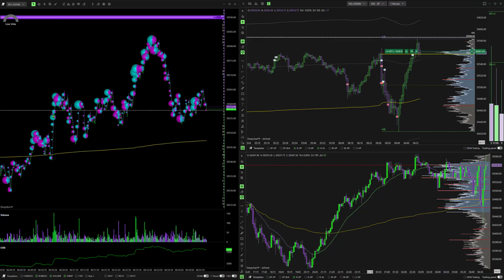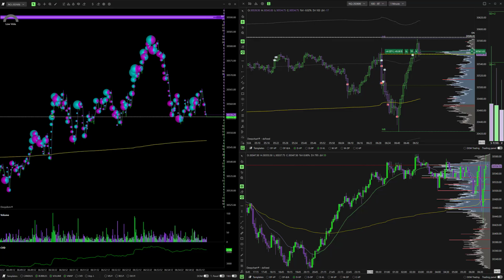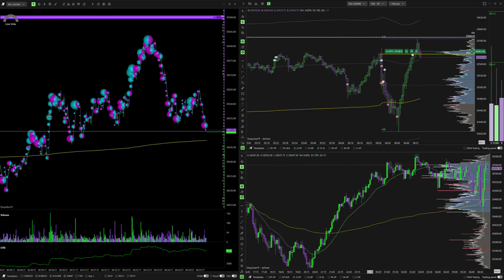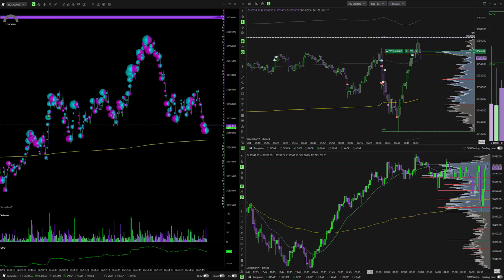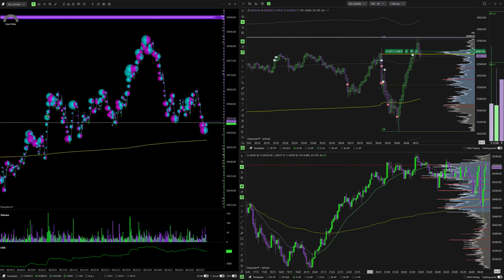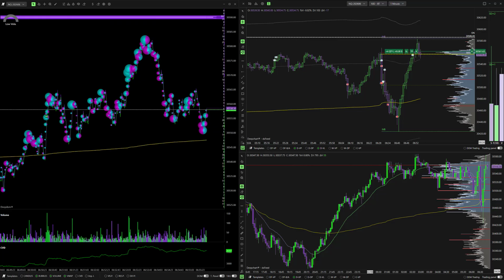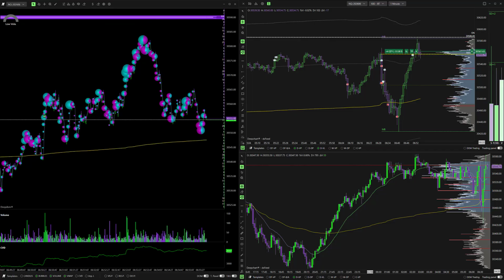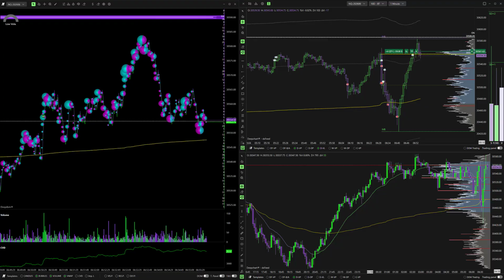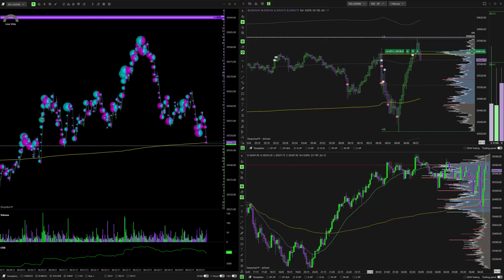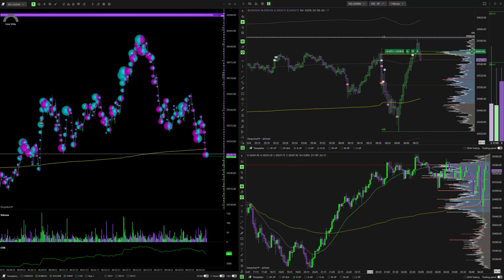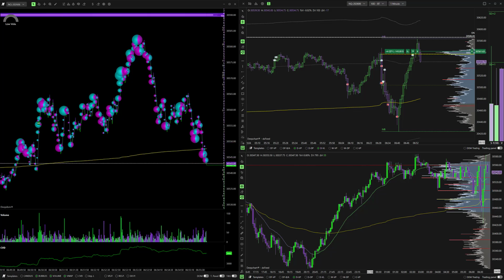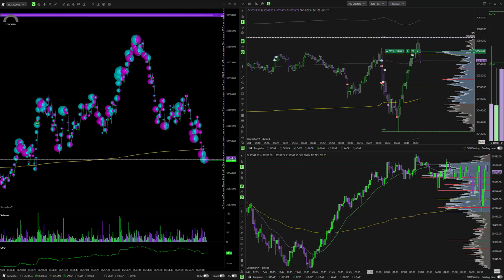Actually, the day turned out to be a trend day to the upside. Normally I will keep my stop just below some sort of a swing area. You'll see we come down a little bit to that mini LVN, and then we swing back up again.